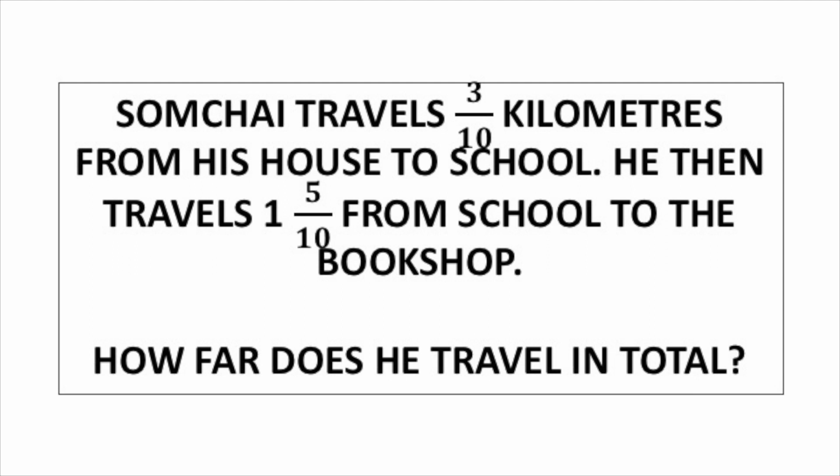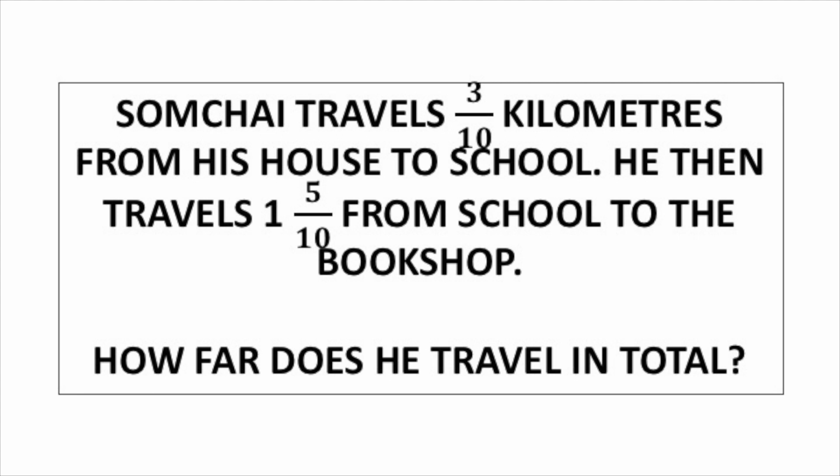Okay, so what we need to do is look at the fractions we need to calculate, guys. So what's our first fraction? 3 over 10. And then the next calculation, we have one whole number, 1, and 5 over 10.